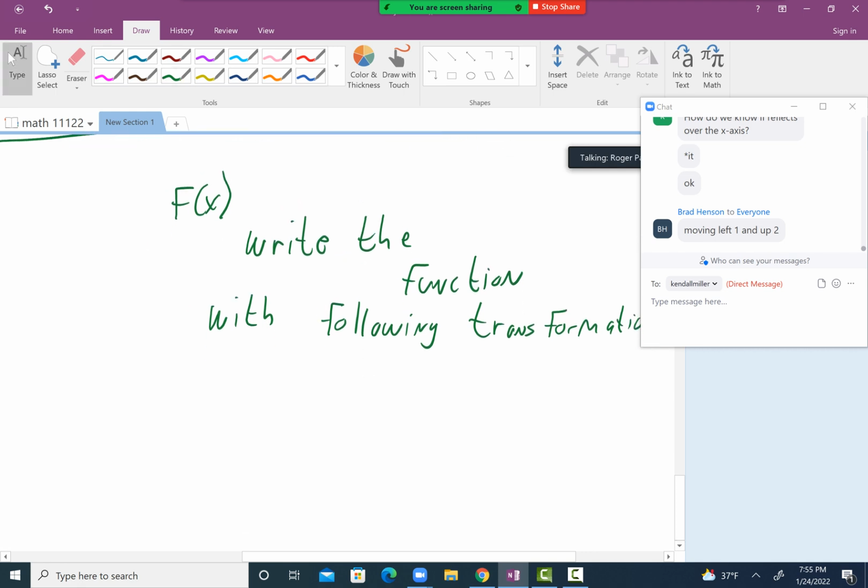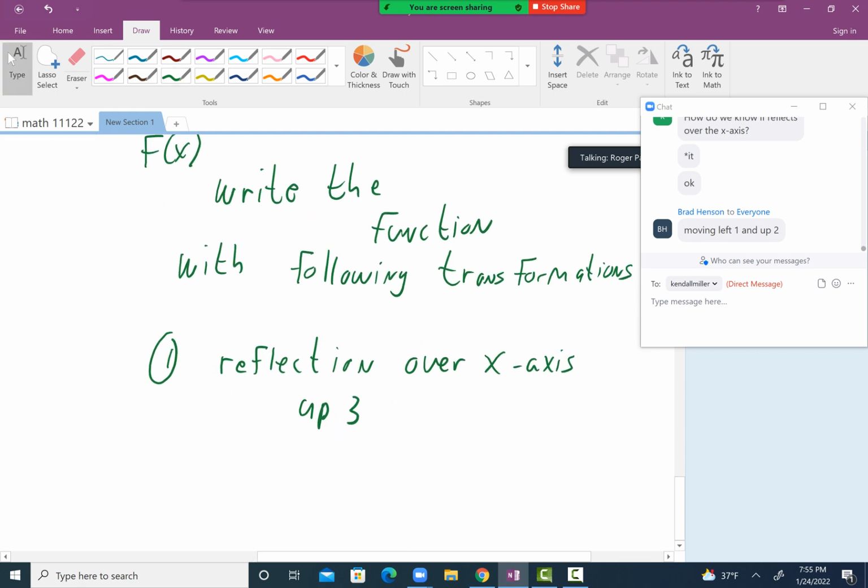My first one is going to be a reflection over the x-axis and up 3. So what I want to do now is write what this function is going to look like. I'm going to start out with y equals. Okay, so what do I write now? You can put this in the chat, because you can put f of x's in there, or you can tell me.